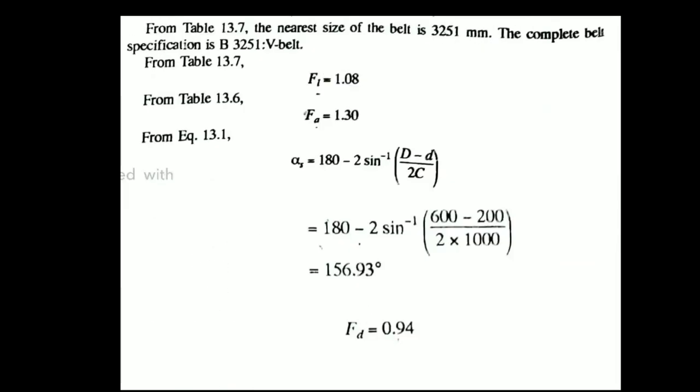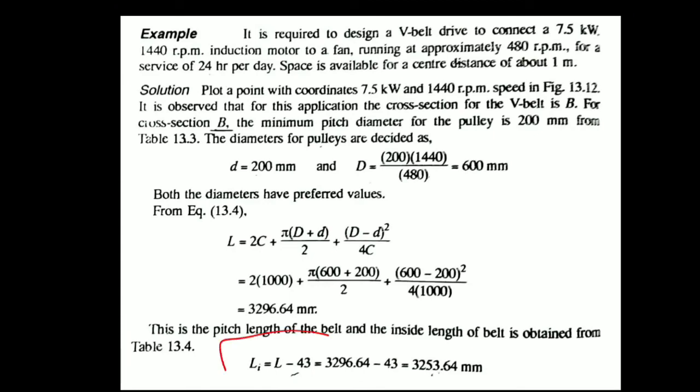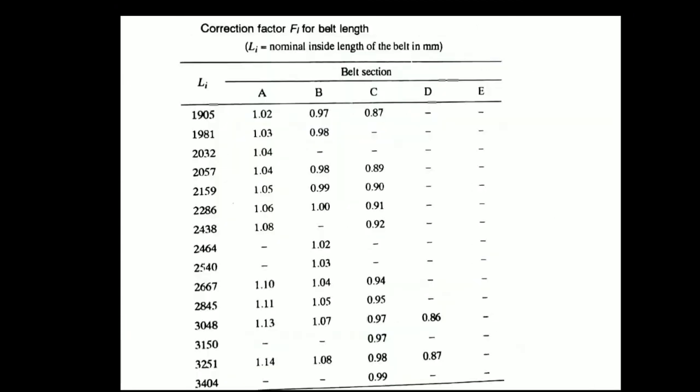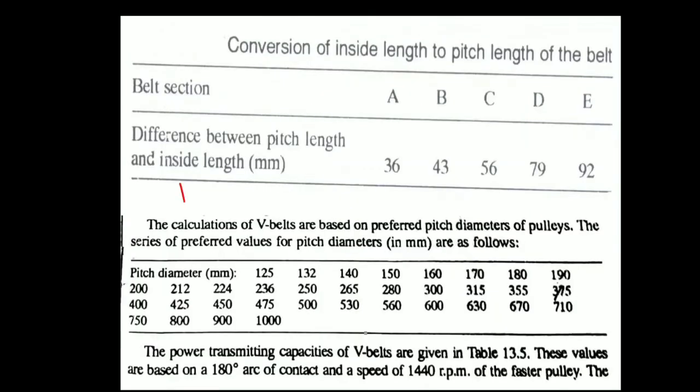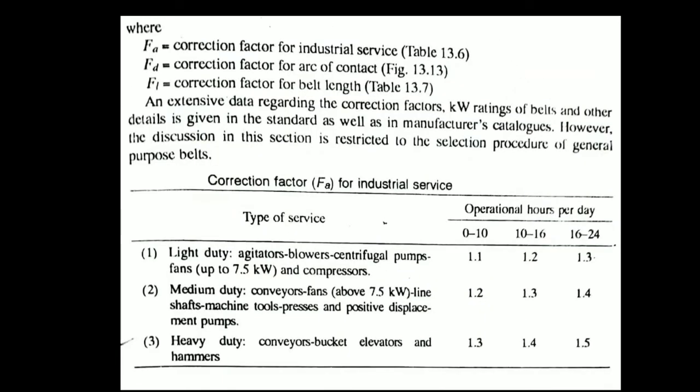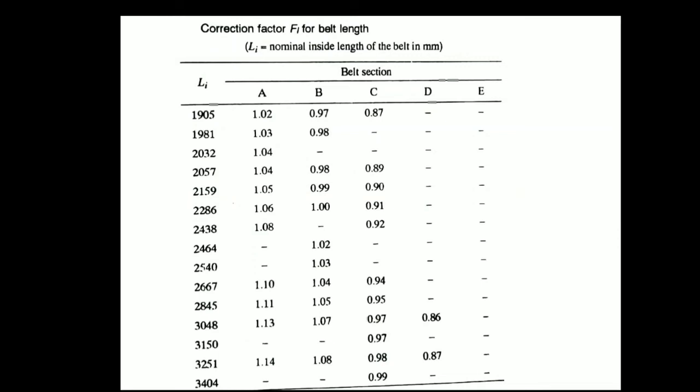Just listen: Li is equal to total length minus 56 for the C cross section, and this Li we can calculate from here. If this value is nearer to this, suppose the value is something like 2965, in that case I will have to select 3045.